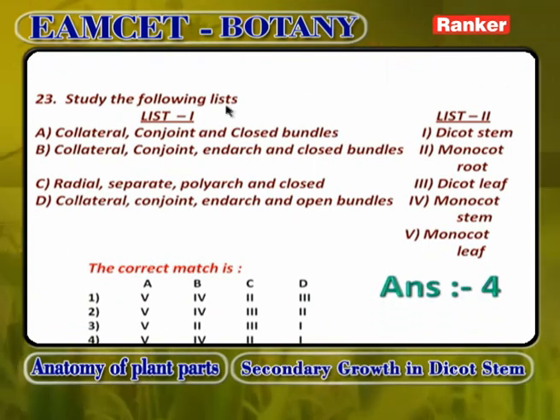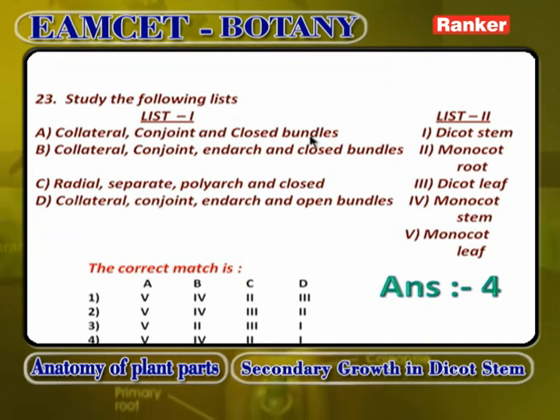Study the following table and identify the correct match. Collateral conjoint closed vascular bundles are found in the monocot leaf, A5.